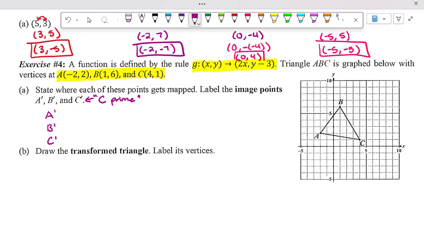So A prime, B prime, and C prime. Still just like we did yesterday. So you're just plugging in the point and evaluating. So they already gave you the points at the top. Just gotta plug them in.